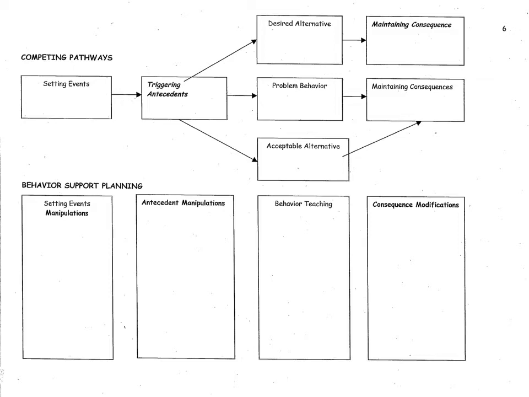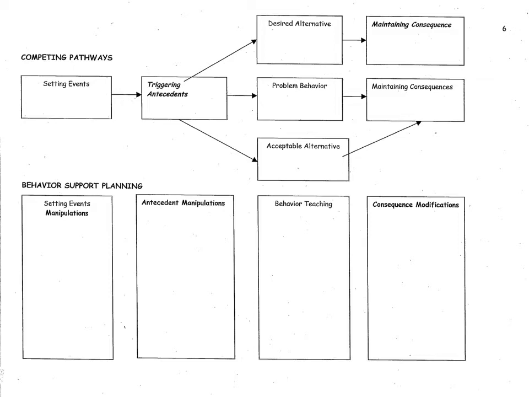For example, when a teacher provides a worksheet, the student is supposed to work on the worksheet, right? That's the desired behavior, and that's what we want to see from the students. And the maintaining consequence would be teacher's praise, or getting free time after the worksheet, or getting additional work. Those are very natural consequences after desired behavior.